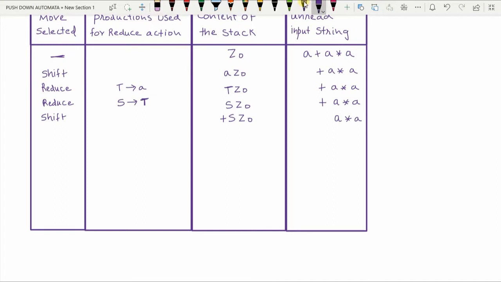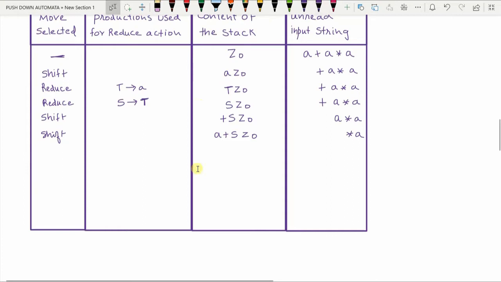So I will again use the shift action. I am going to shift the next input symbol, that is a, onto the stack. So the stack will now look like a plus SZ0, and after pushing a onto the stack, what remains to be read is into a.